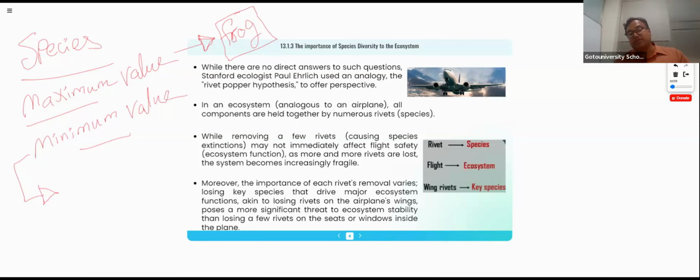For example, if small insects are disappearing, in the case of grasses there are many insects. Let us consider that a beetle is disappearing in a particular geographical area. It won't cause a drastic biodiversity destruction.